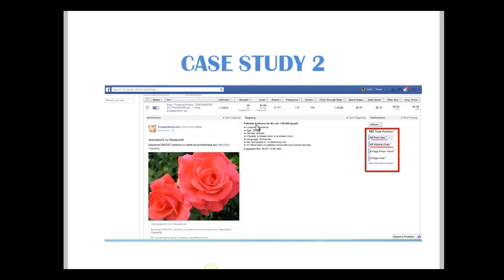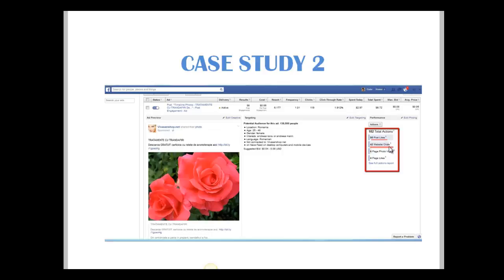For this, my potential audience is 138,000 people, location Romania, 25 to 48. So I basically target the same people, interest Andreea Raicu and Andreea Marin, language Romanian, not connected to Vivasan, on newsfeed, desktop computers and mobile devices. I get the same suggested bid, 0.04. And now for this one, I get more total actions, 102 total actions, 50 post likes, and 42 website clicks.